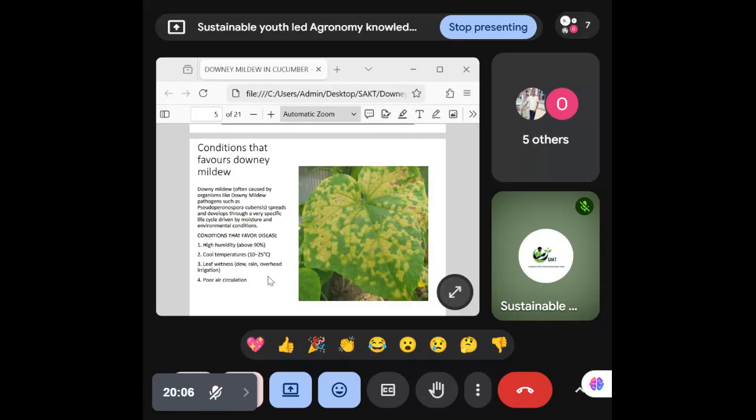If you give them too much water, instead of transpiring that water, your leaf stays wet, and automatically you are already creating downy mildew on your plant. Please, sir, the next slide.